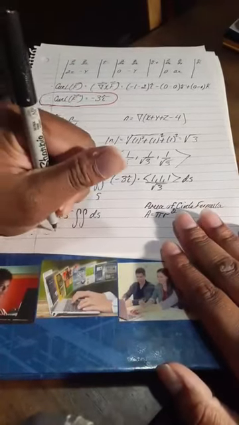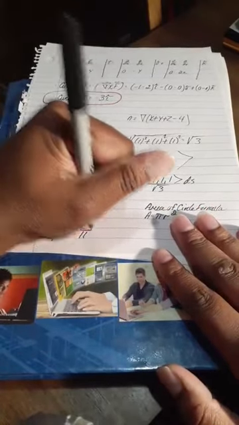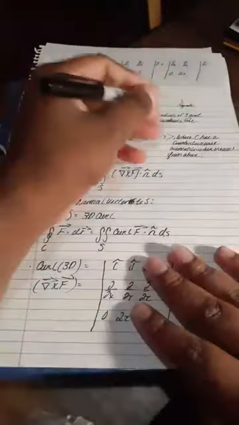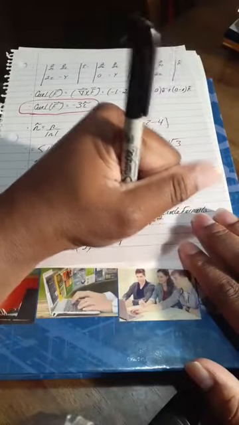So essentially what we've got is negative square root of 3 multiplied by pi. Now remember what r is. r is 3 because it says it has a radius of 3. So we stick 3 in, and we'll simply get 3 squared, which will give us negative 9 times the square root of 3 multiplied by pi. And that would be our answer.